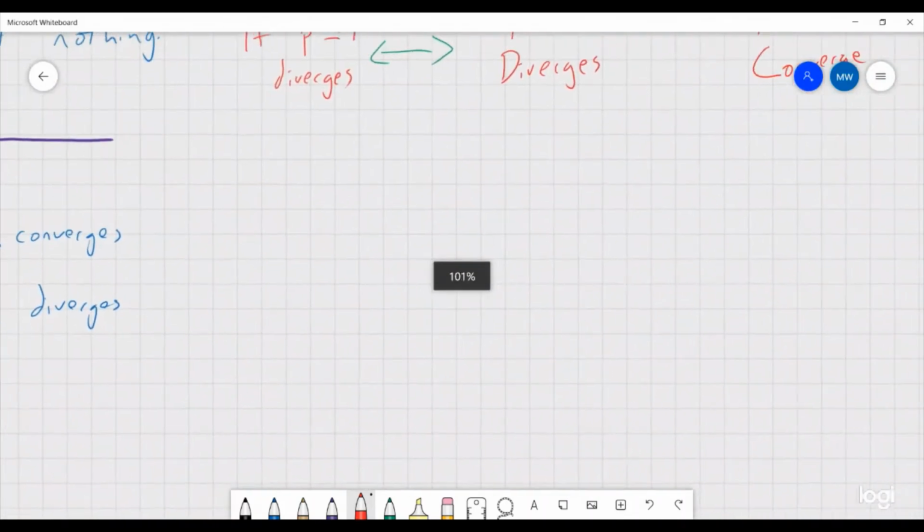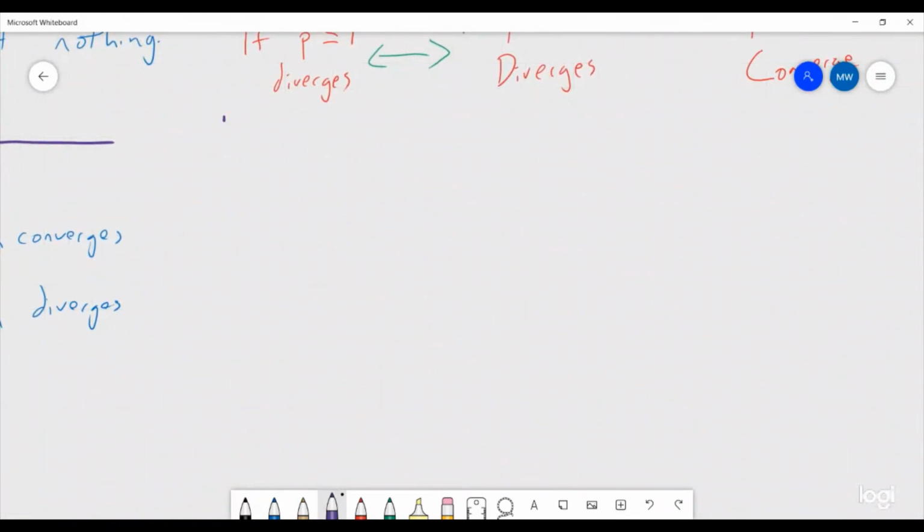Let's see, in addition to the comparison test, we also have what's called the limit comparison test.